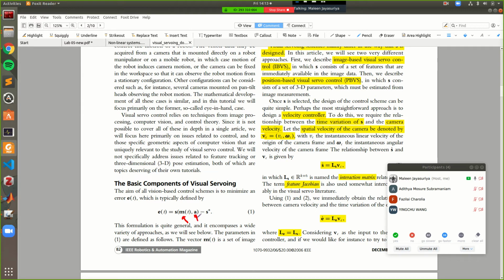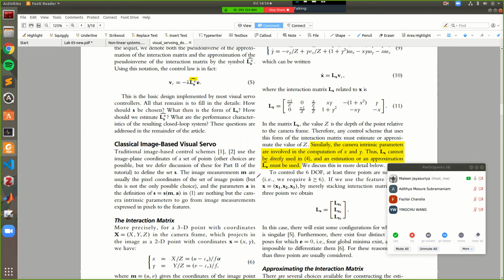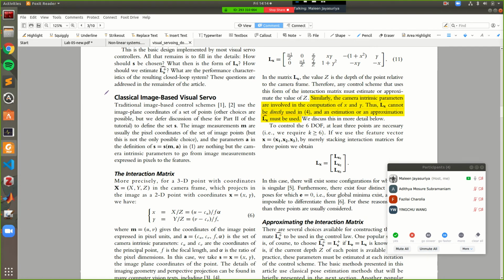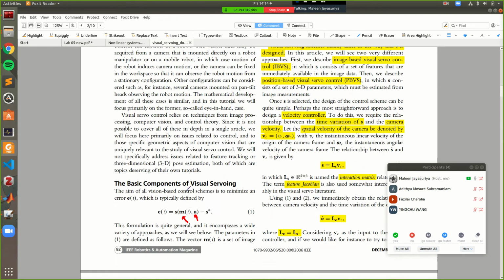A is basically the camera parameters, that is like the focal length, the principal point values and things like that, right? We'll actually look at an example here later on, about what we're really talking about when we say S. But for now, just think of S as the features that we want to track, right?